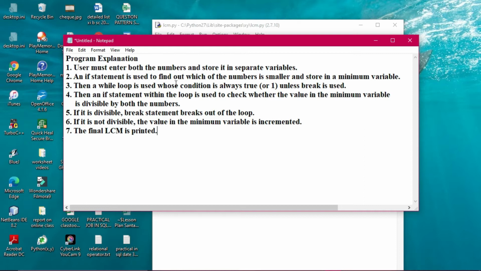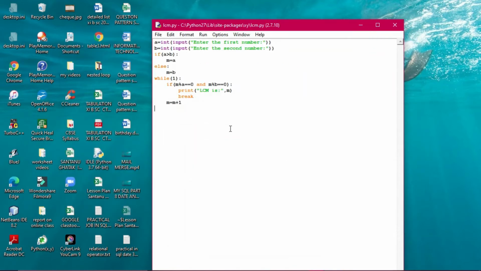An if statement within the loop checks whether the value in the minimum variable is divisible by both the numbers. If it is divisible, the break statement breaks out of the loop, and if it is not divisible, the value of the minimum variable is incremented.